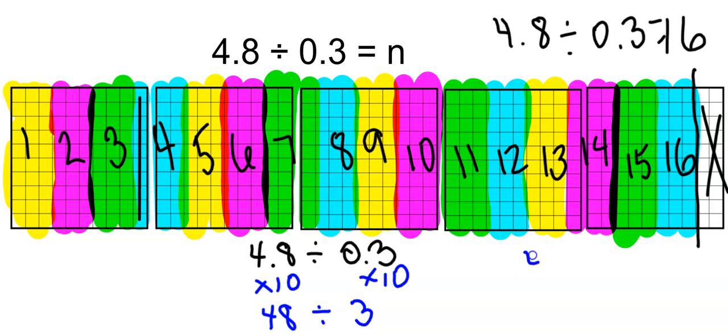I can also use my partial quotient here and think, 3 times what would be close to 48. Well, maybe I want to start with 10. That's 30.